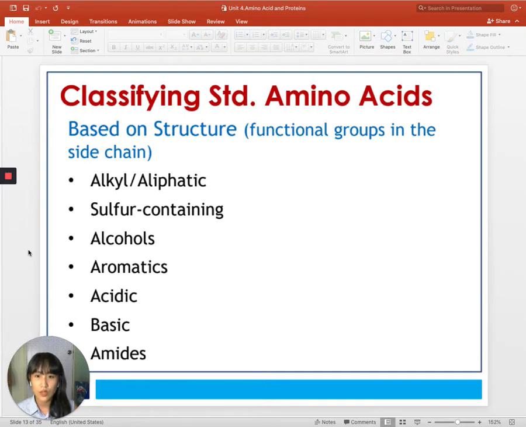The first one is the alkyl or aliphatic, which is nonpolar. And then we have the sulfur-containing, alcohols and amides, which are the polar uncharged, the aromatics, the acidic classification, which is the negatively charged, and the basic classification, which is the positively charged.